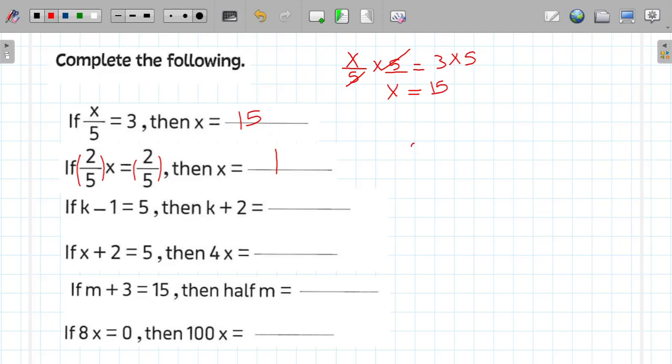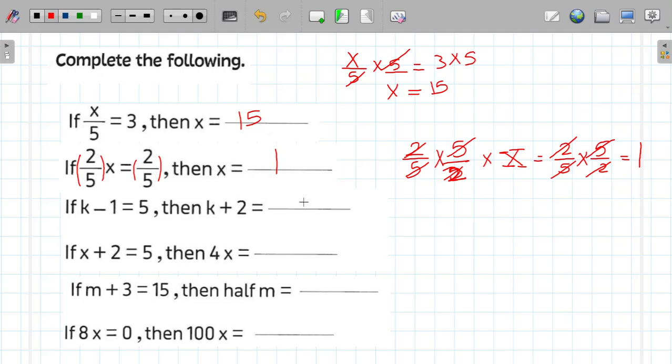So it will be 2 over 5 by 5 over 2, all of these multiplied by x, equals 2 over 5 by 5 over 2. So 2 over 2 equals 1, 5 over 5 equals 1, 5 over 5 equals 1, 2 over 2 equals 1. So the value of x is 1.